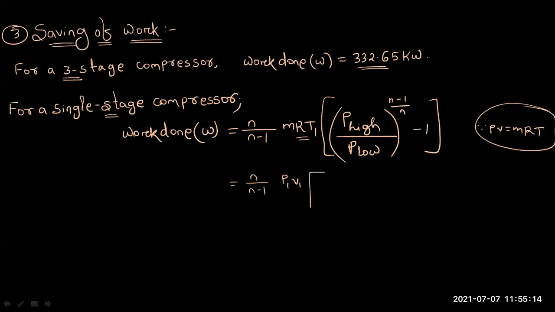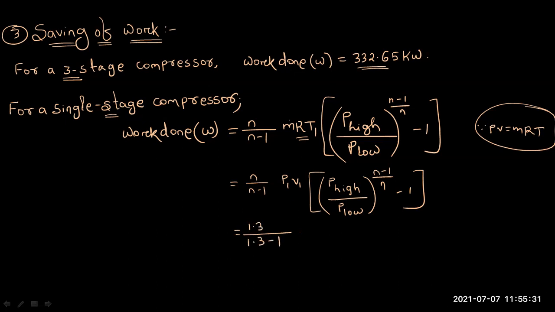Into the same formula I will write P high divided by P low to the power N minus 1 by N, minus 1. N value is 1.3 divided by 1.3 minus 1. P1 is 98 kilopascal. V1 is 1 meter cube per second, whole into highest pressure by lowest pressure.